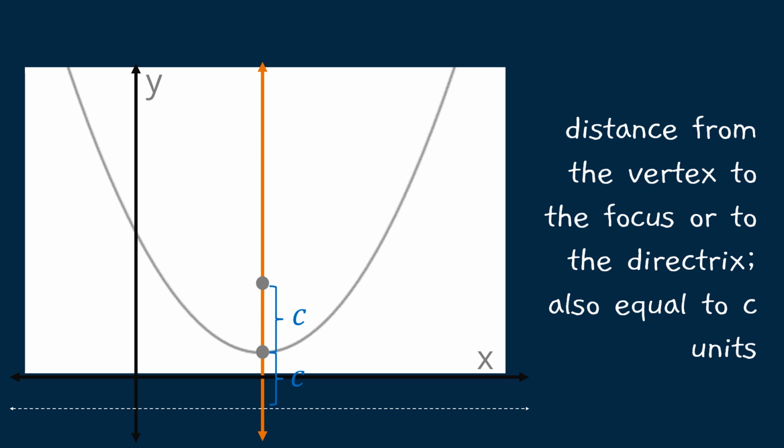And remember, if vertex to focus is c units and vertex to the directrix is c units, if we add the distances, focus to directrix is equal to 2c units. So twice the distance between the vertex and the focus.